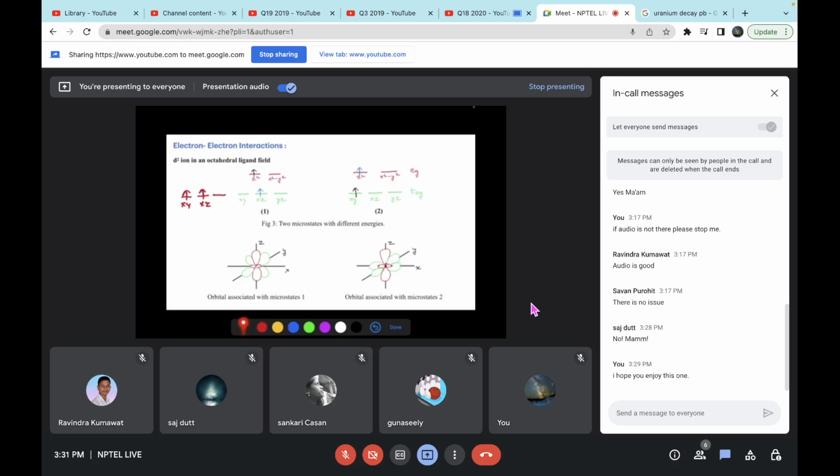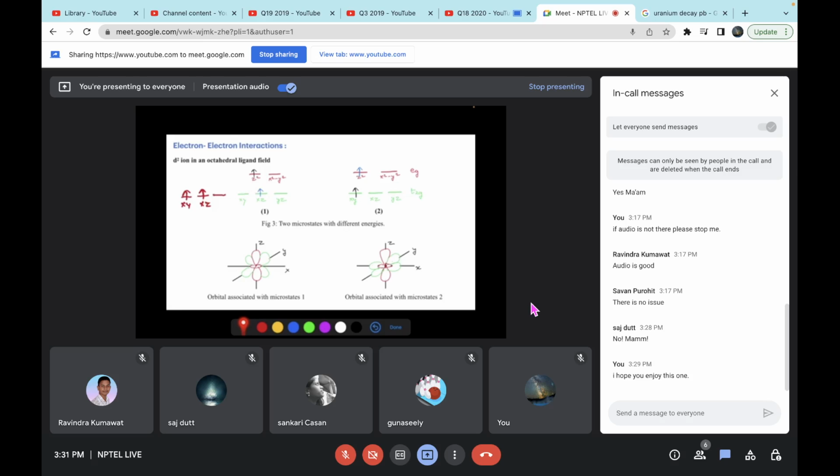the transition from t2g to eg can happen in two different manners. For example, my xy electron goes from t2g to z2.